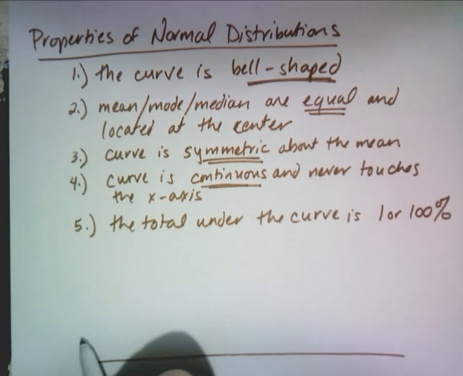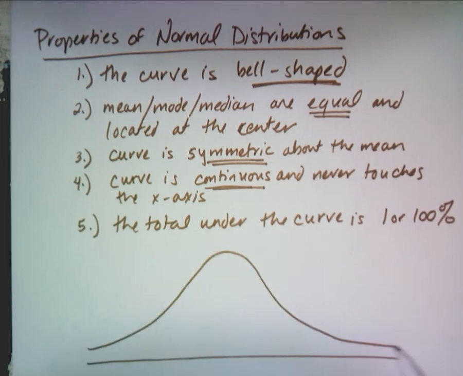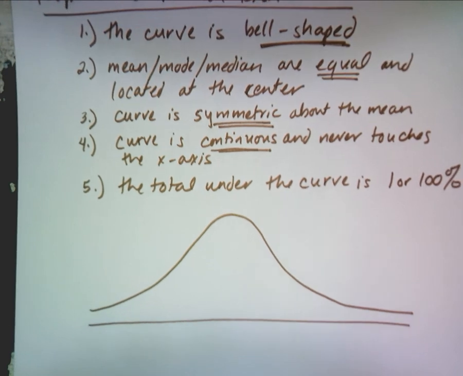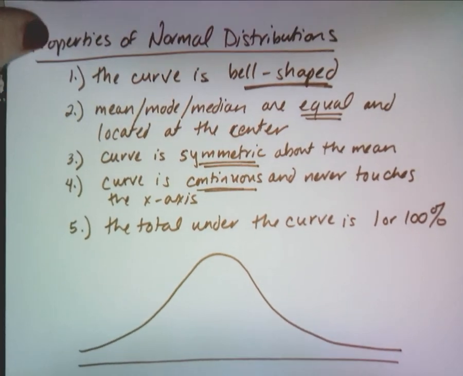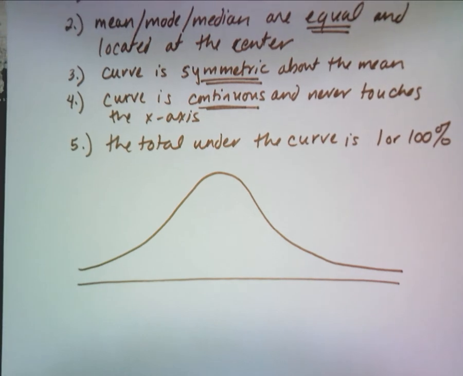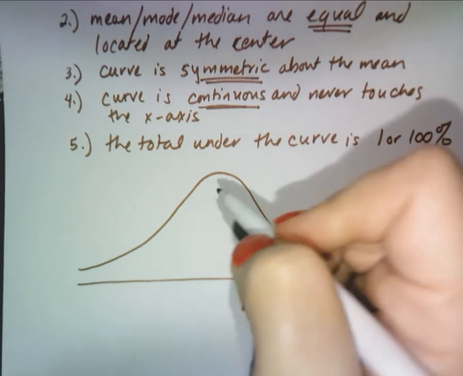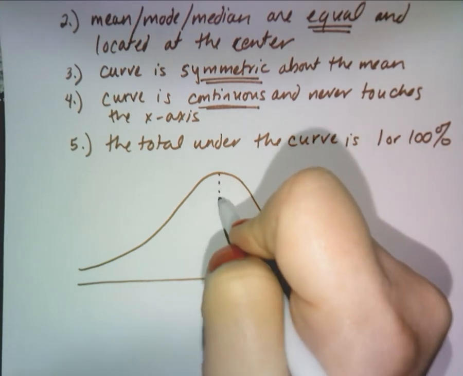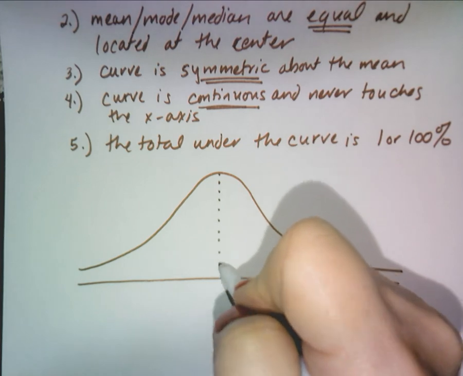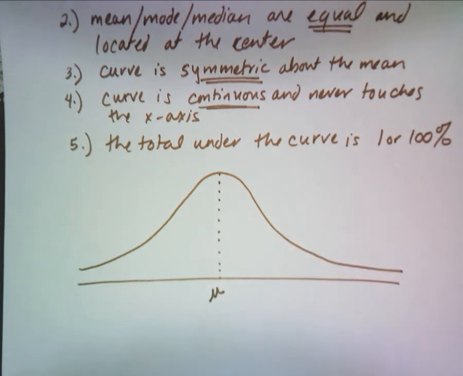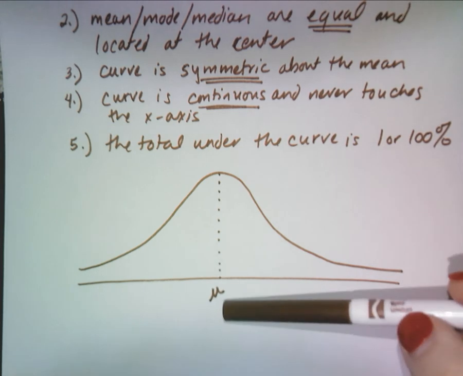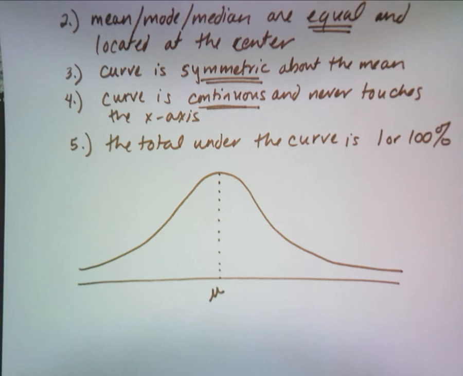So this is your bell-shaped curve, something like that. And what you have right smack dab here in the middle is good old mean. We're going to call it mu. Your mean here, your mode is here, your median, everything is right smack dab in the middle.